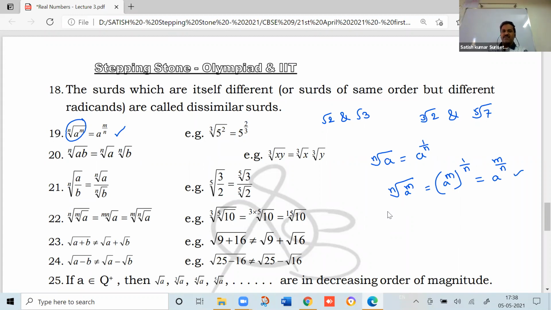Example, cube root of 5 square is 5 to the power of 2 by 3. Fifth root of 3 to the power of 4. Tell me what I should write? 3 to the power 5 by 4? Sure?